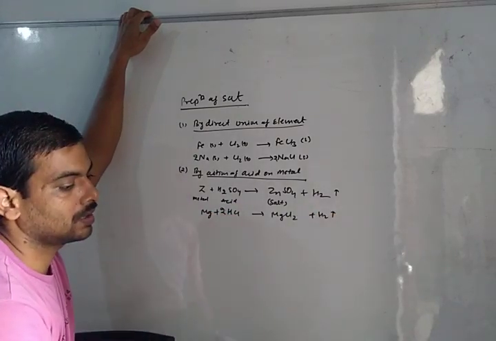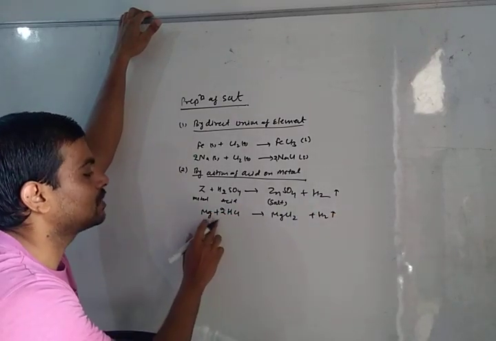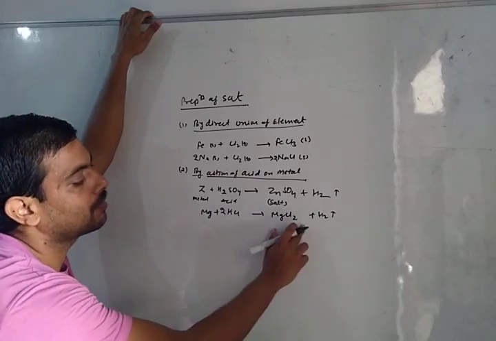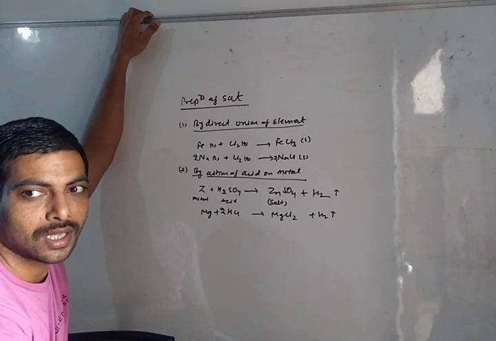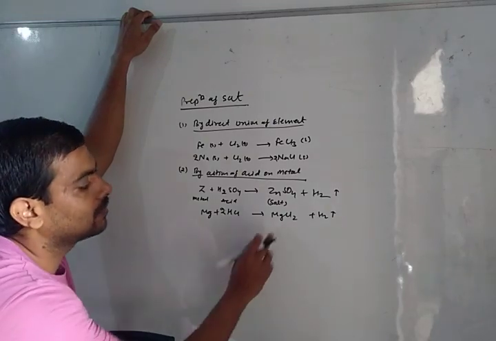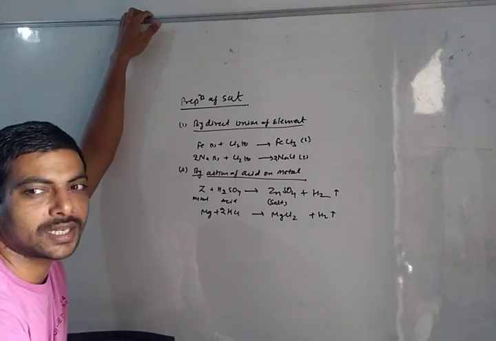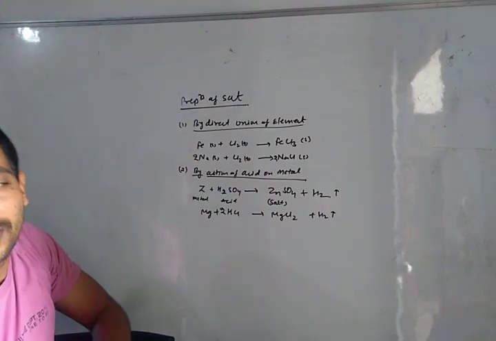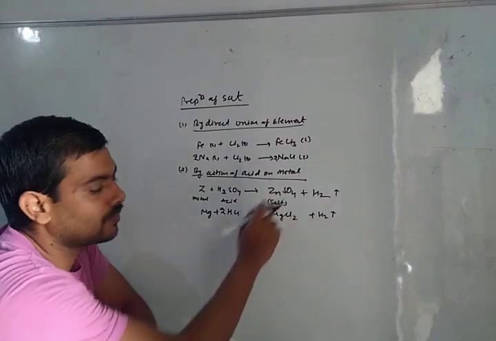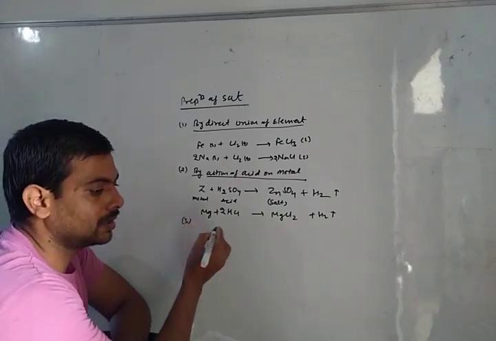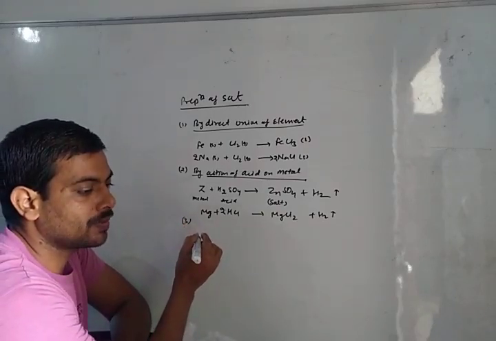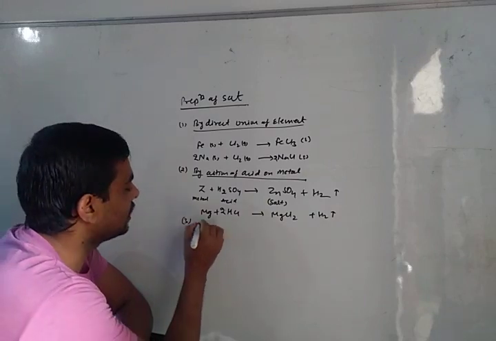When magnesium metal reacts with hydrochloric acid, it forms magnesium chloride and hydrogen gas. Magnesium chloride is also a salt, where the cation is magnesium and the anion is chloride, so it is called a chloride salt. The earlier one is a sulfate salt.